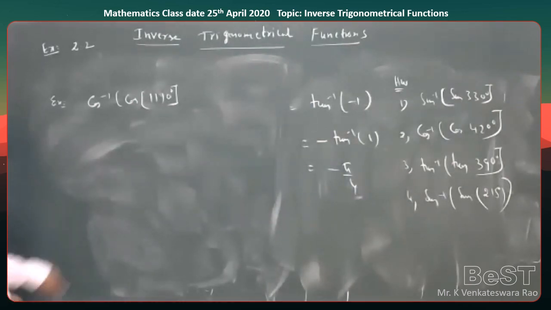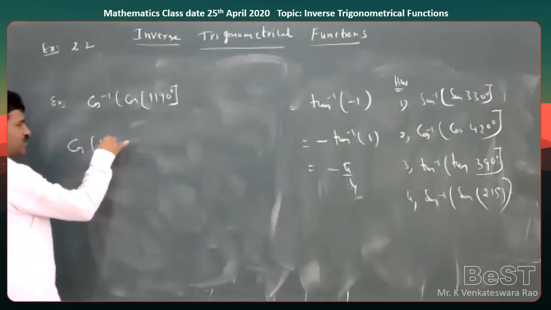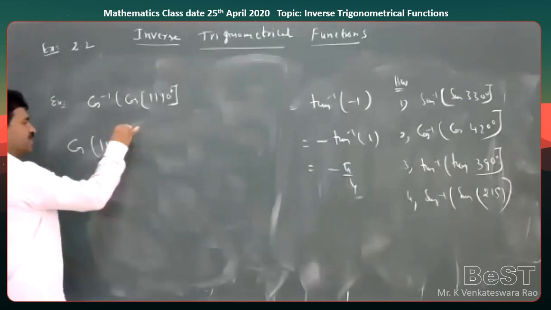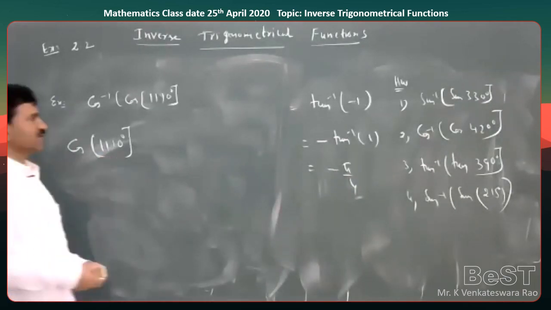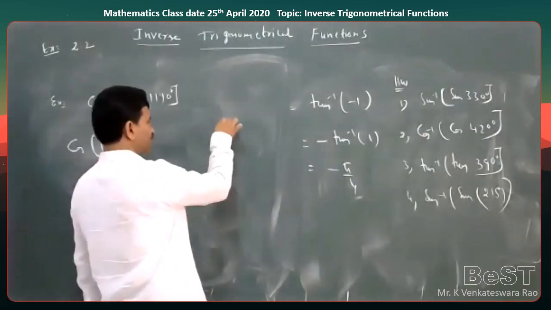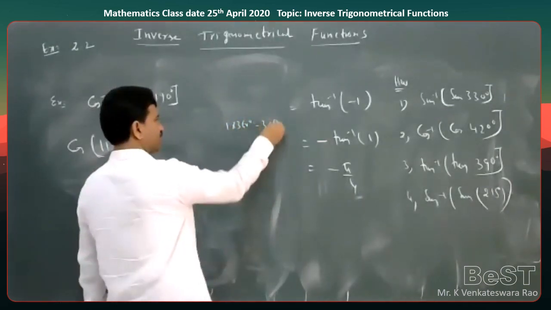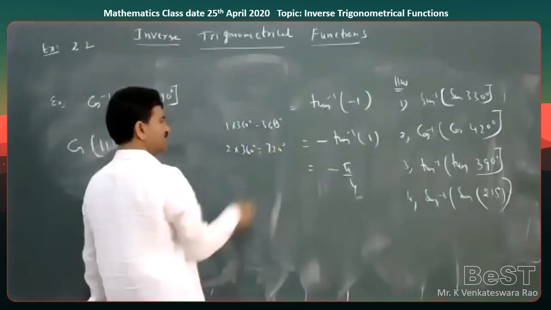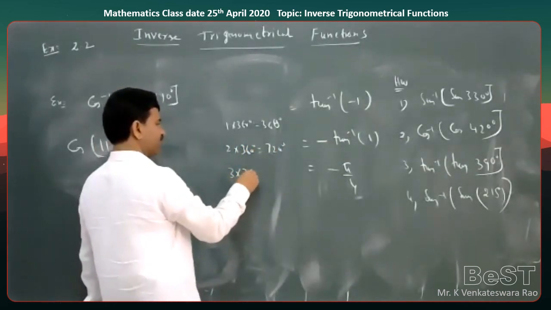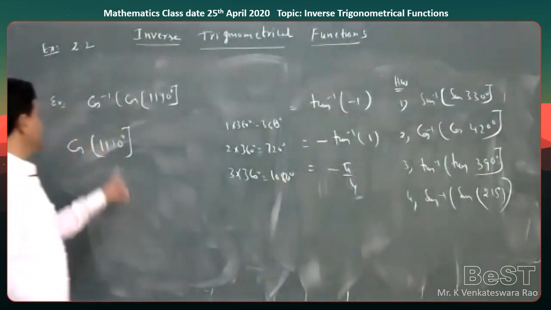Find this value. So to evaluate this one, all of you practice this concept. 1 into 360, 2 into 360 is 720 degrees. 3 into 360, how much is it? 1080. So this value is nearer to 1080.